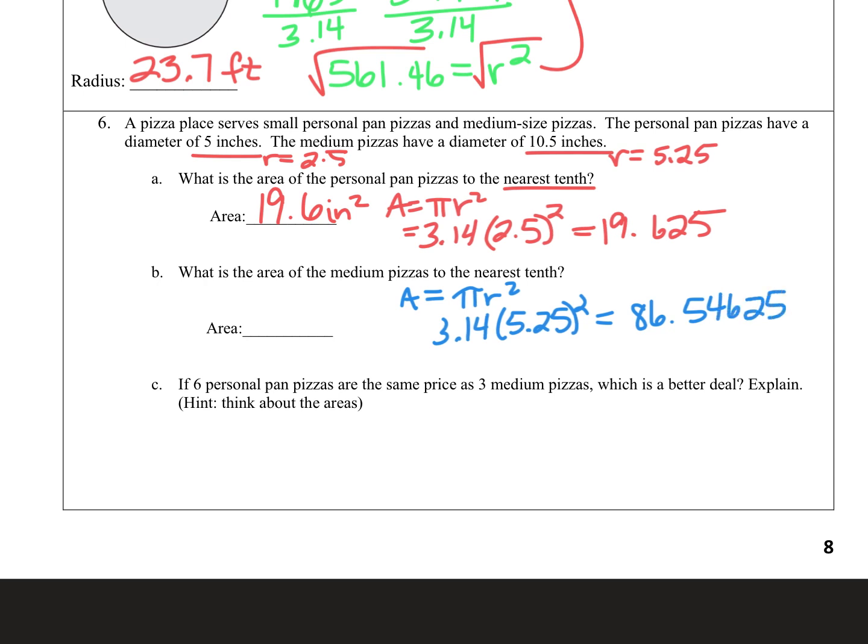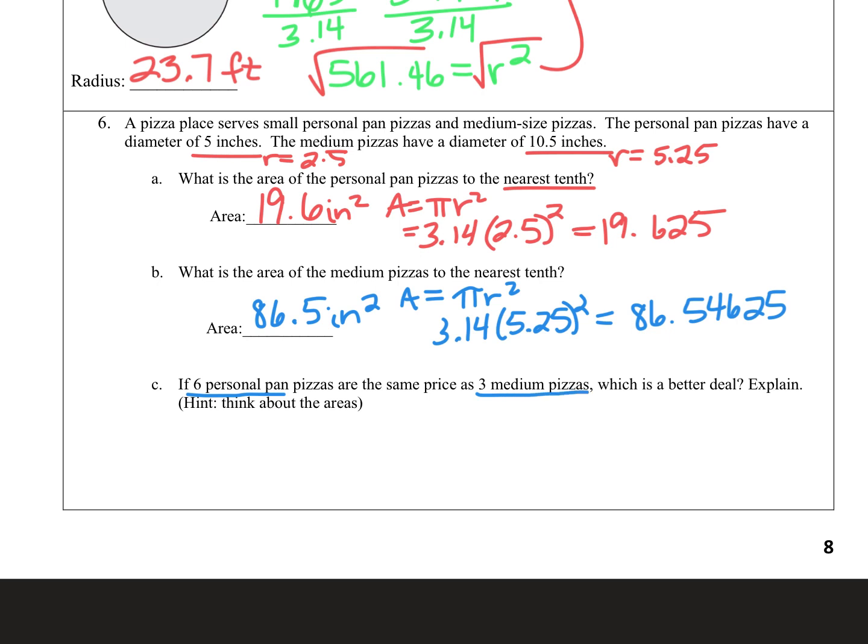Do you have to write all that down? No, we're going to round it to the tenth. So that's going to be 86.5 inches squared.